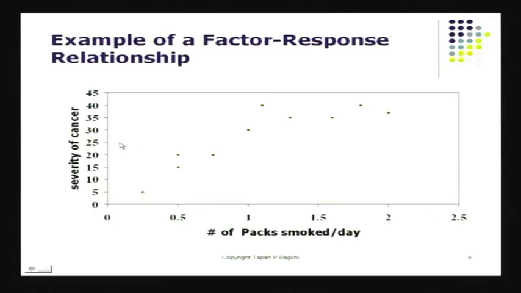Something that is well established in medicine is the severity of cancer, the severity of people having cancer on some scale. That has a correlation with the number of packs of cigarettes smoked. You see that rising trend there? That rising trend says that there is a dependency between the number of packs of cigarettes smoked per day and the severity of cancer that the person contracts.